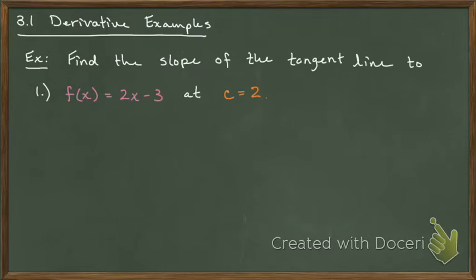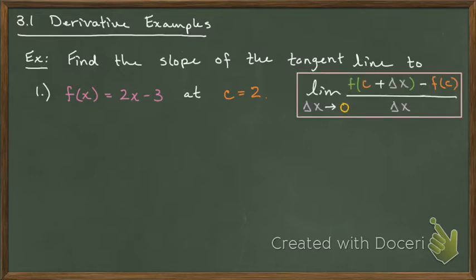Here I've got 2x minus 3 at c equals 2. So I'm looking at a specific point that I'm finding the tangent line of. Here's my formula from the previous video. I've got f of c plus delta x minus f of c over delta x, and then a limit as delta x approaches 0.